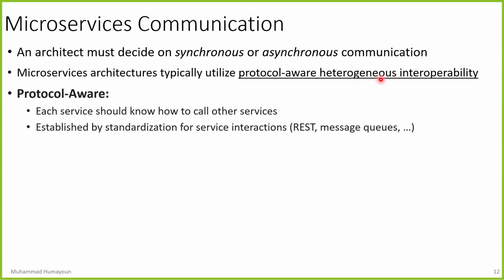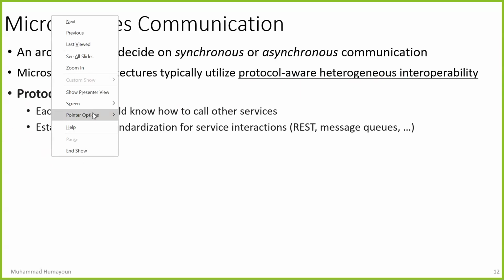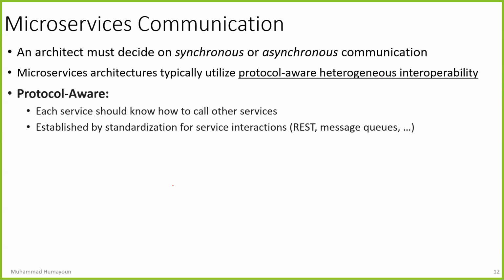Heterogeneous, homogeneous and heterogeneous. Heterogeneous simply means this: all these services are independent from each other. All they need to do is decide the communication at these gate points, endpoints. So this one says, okay, I will talk in REST.